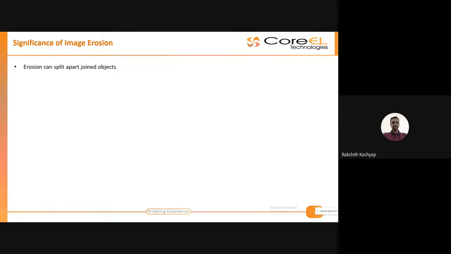In some cases, after doing your image processing applications, for example, you may be doing the segmentation of different shapes in an image. After doing segmentation, due to the proximity of different objects, you may have got a resultant image like this, where both the different shapes are combined or joined to each other.